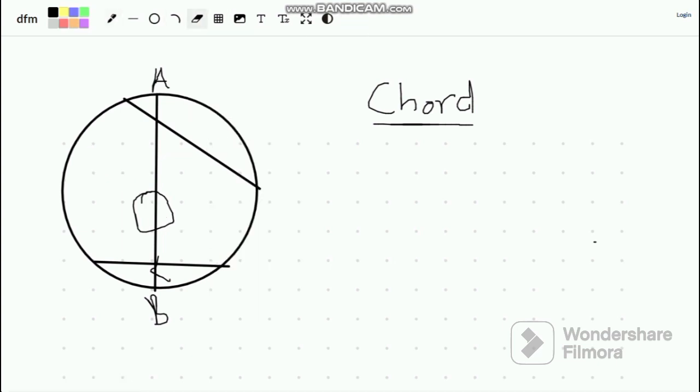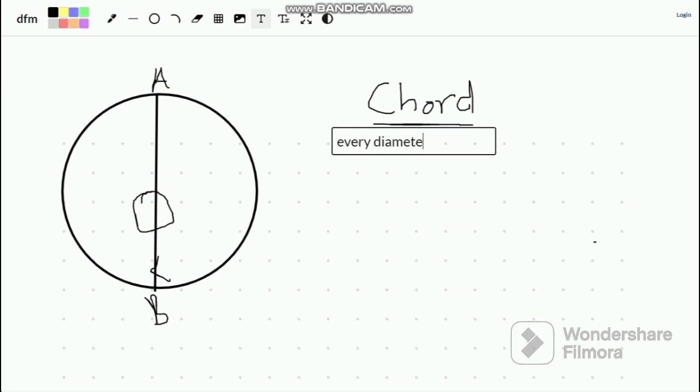Now, to have a better idea of this, we are going to use the very basic saying that you'll normally hear: every diameter is a chord, but not every chord is a diameter.